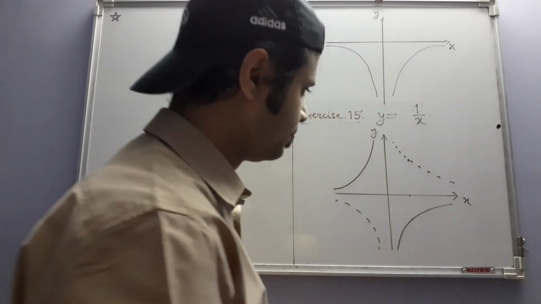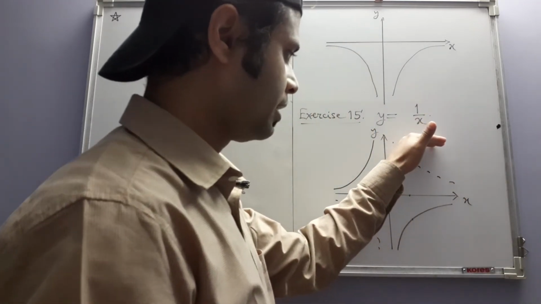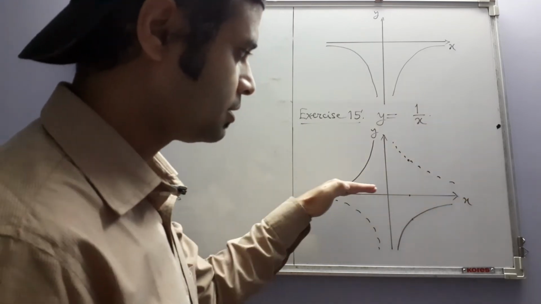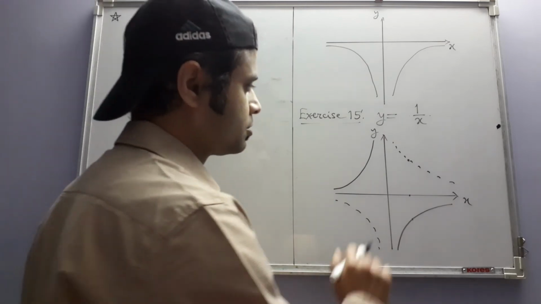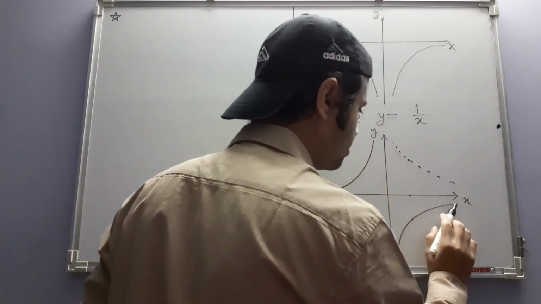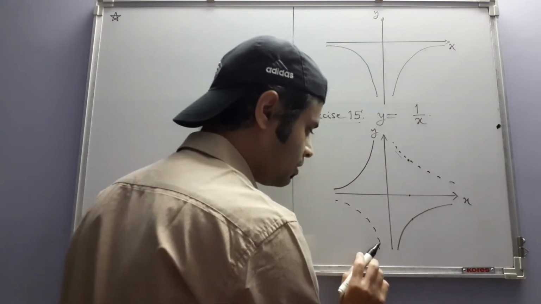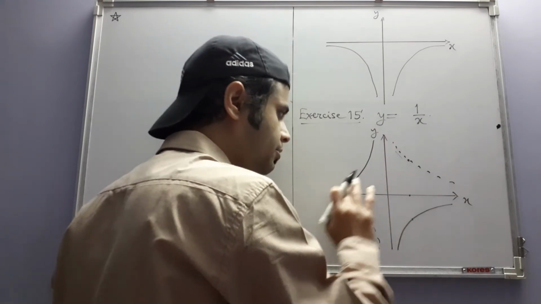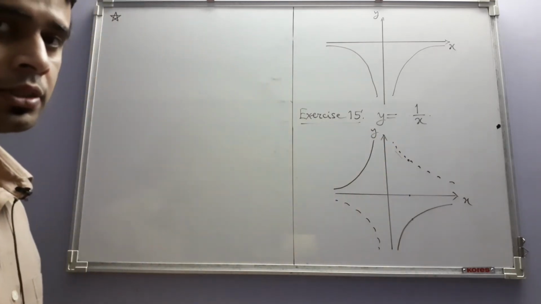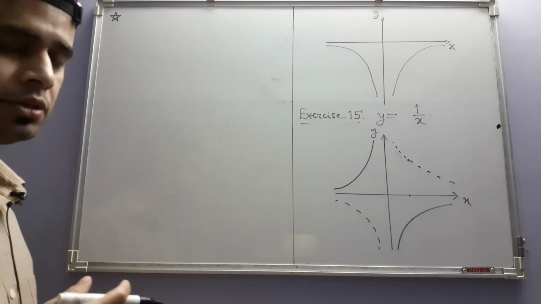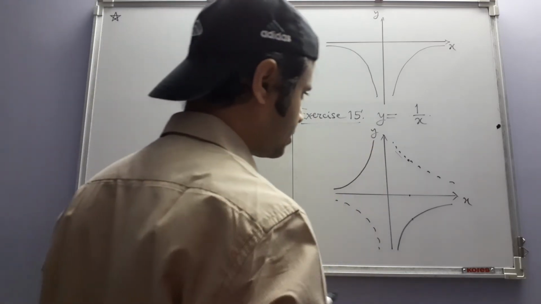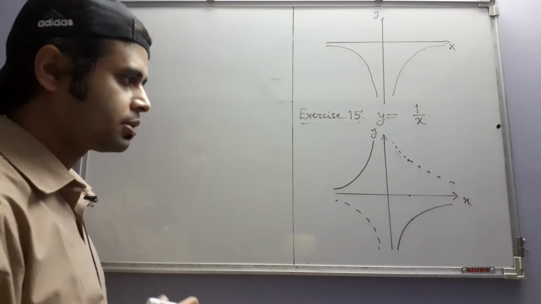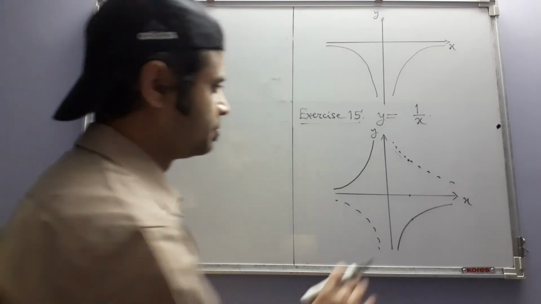So that's why this half of the graph gets flipped about the x-axis, as if the x-axis is a mirror. So instead of this, you get this. Similarly, instead of this, that also gets flipped about the x-axis and you get this. Okay, so that's how you have to argue with yourself to figure out the graph. But then of course, if you actually want to draw the graph, you need a table or some sort of graphing calculator.